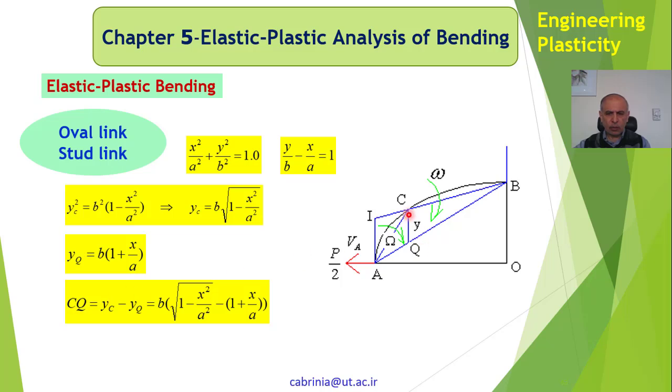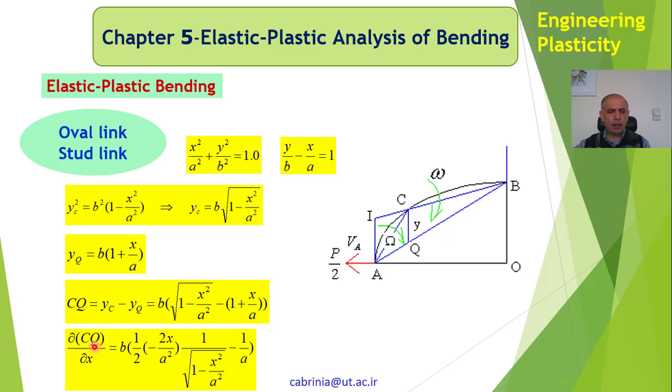Therefore cq is yc minus yq, because yc is this distance and yq is this distance. Those two subtracted from each other give cq, the distance y. I subtract them from each other, and I get this equation for cq.